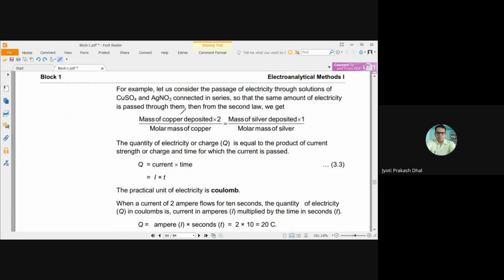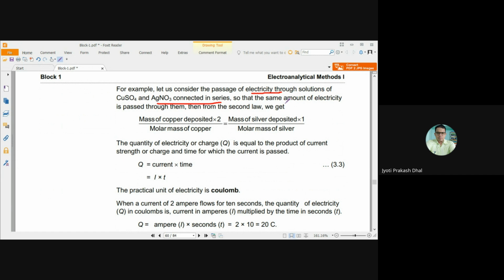For example, if we consider two different cells, the same quantity of electricity will pass through the solution of copper sulfate and silver nitrate connected in series. The first cell contains copper sulfate solution, while the second cell contains silver nitrate solution. Since the two cells are connected in series, the same amount of electricity passes through both.